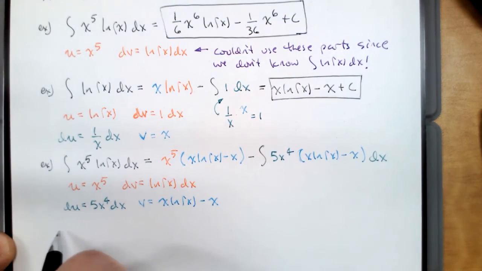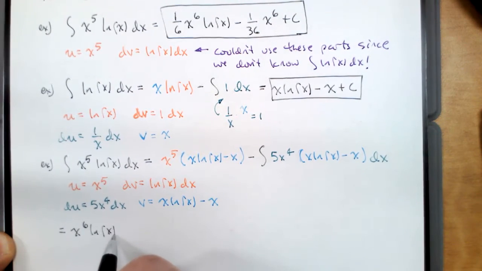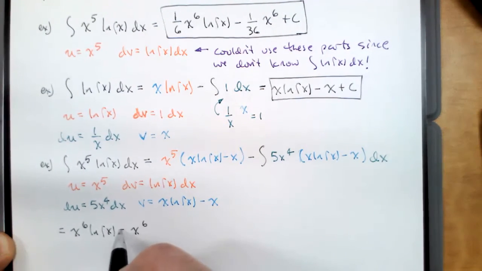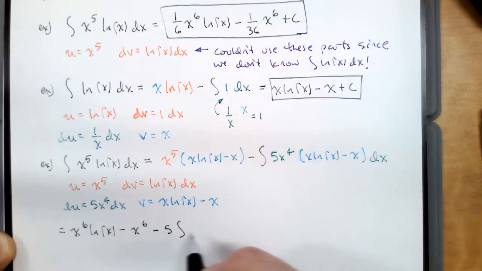So multiply this out. And then let's sort out what our integral should look like. I can factor out a 5, and I'll have an integral.